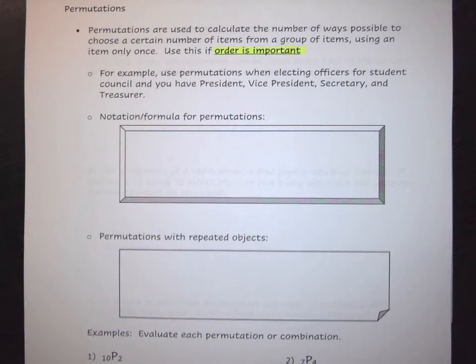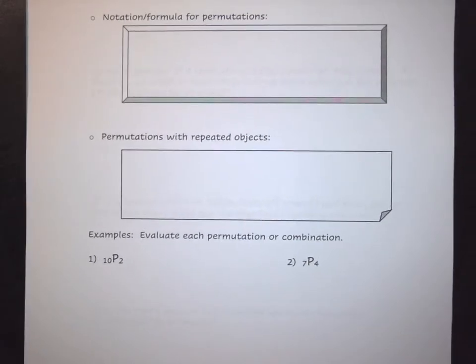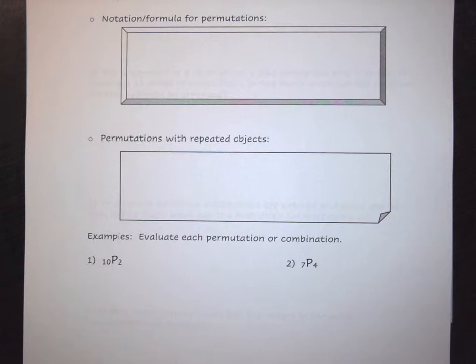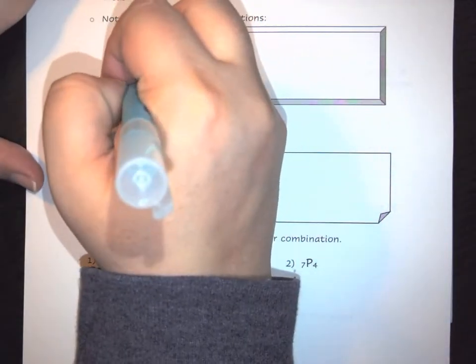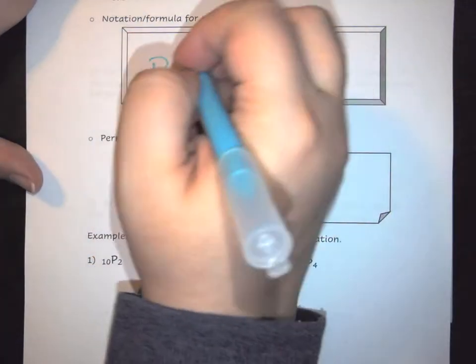Okay. Now, we have a couple of formulas that you need to pay attention to. First is the formula in general for your permutation. And so when we're talking about permutations in general, we are using the term where you have a little n with a P r. P stands for permutation.